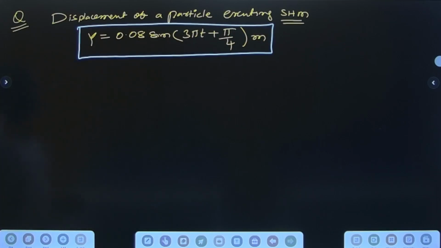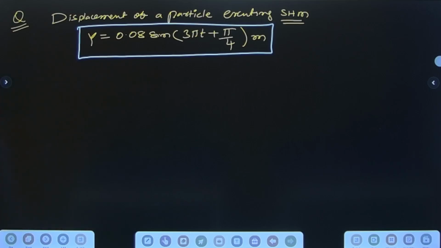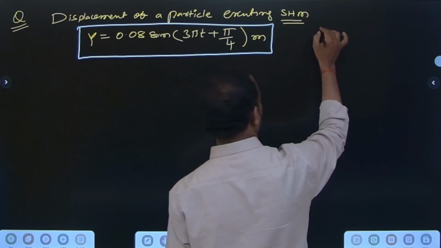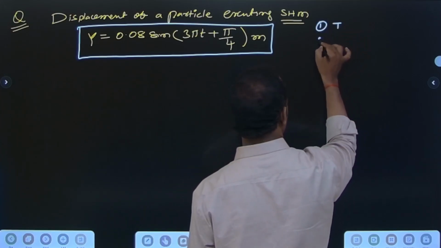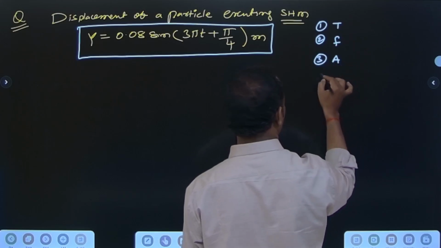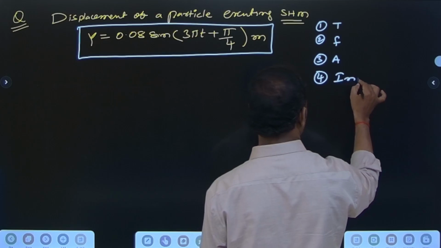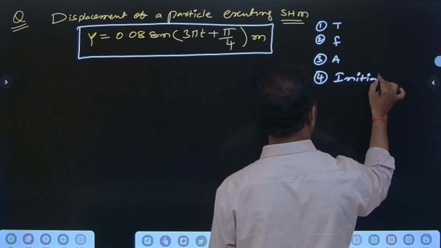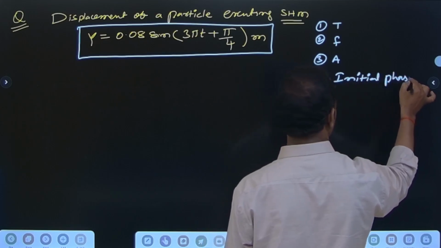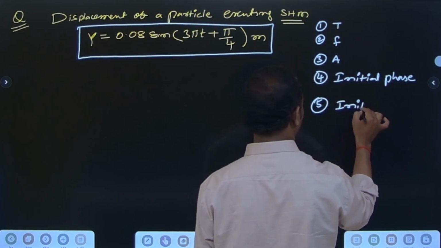Let me complete the question. He is asking: first, find the time period; second, frequency; third, amplitude; fourth, initial phase; fifth, initial displacement.